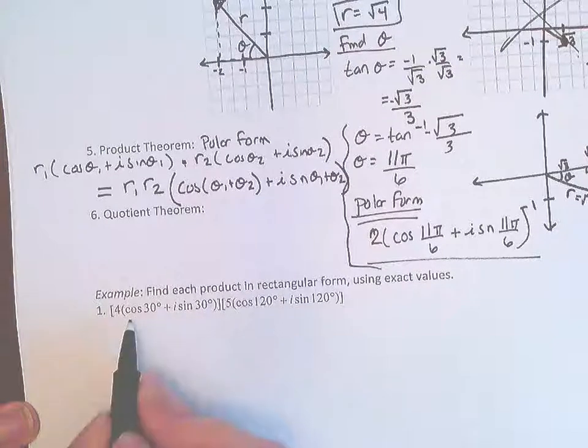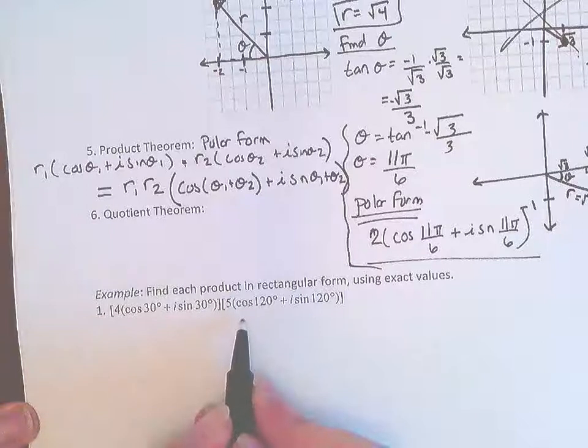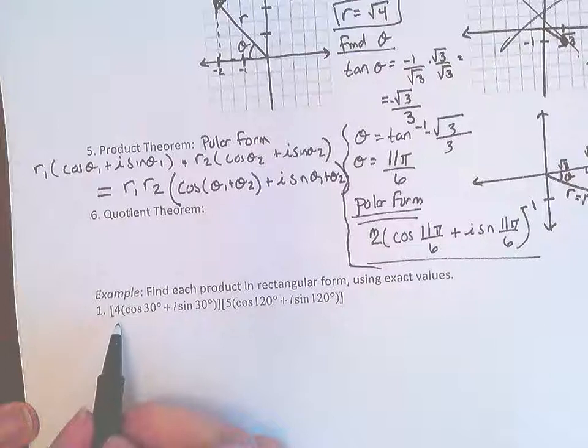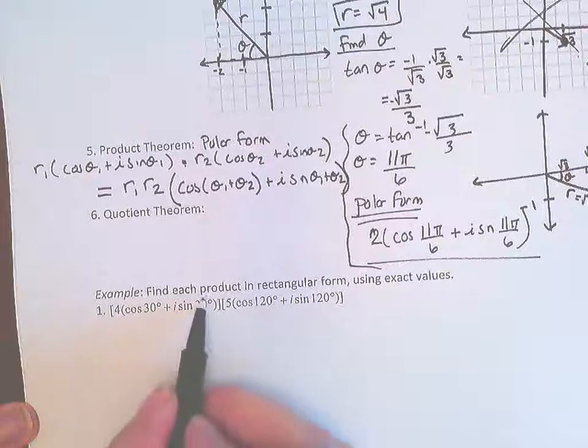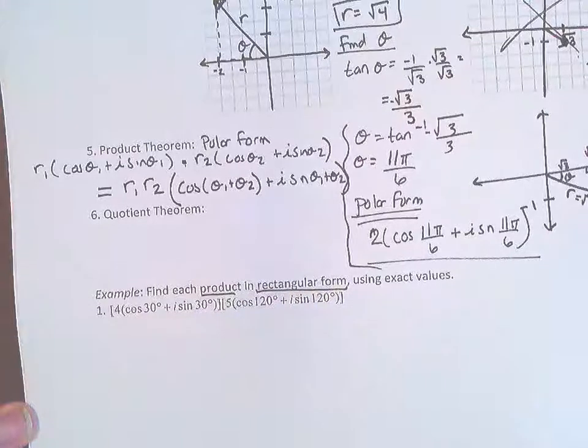So here, these are two polar forms of complex numbers, two trig forms, and we want to find each product in rectangular form. So going back to a single, either imaginary or real number, so a plus bi.